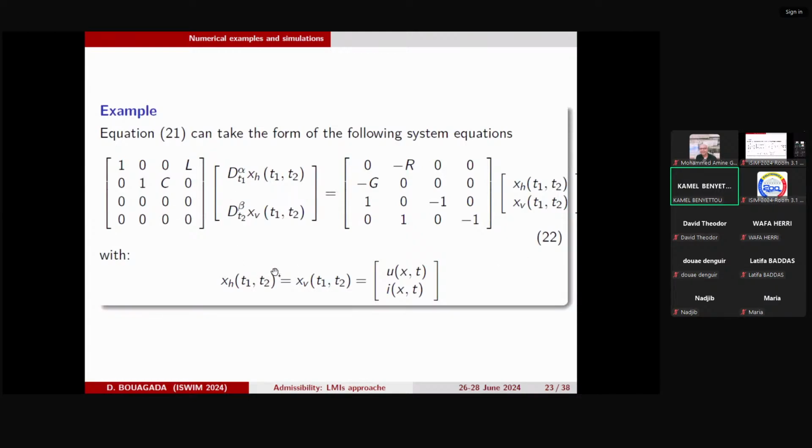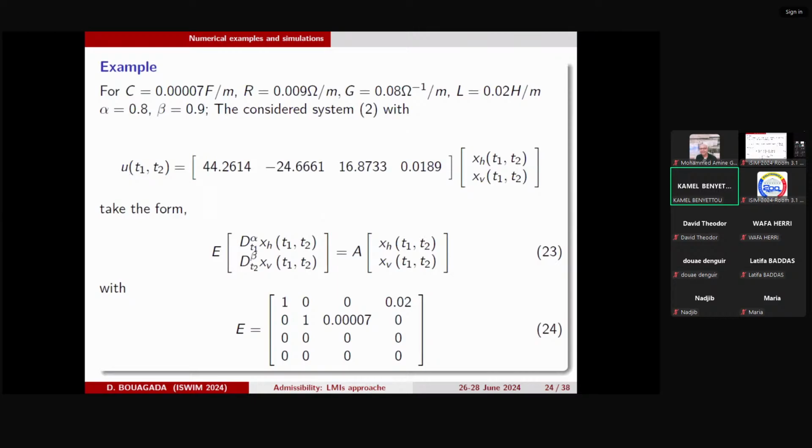We can see here that this system is singular because the determinant of this matrix is equal to 0. We have the state matrix and the two state space vectors x h t1 t2, which represent the current i(x,t) and the voltage e(x,t).